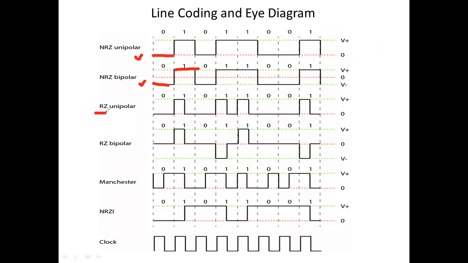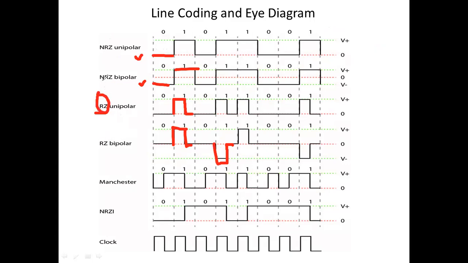In the return-to-zero mode, it stays at plus 1 for part of the bit and then comes back to 0. Even in bipolar, it goes to plus 1 for half the time, then comes back, then goes to minus 5 and comes back. So they are called return-to-zero.